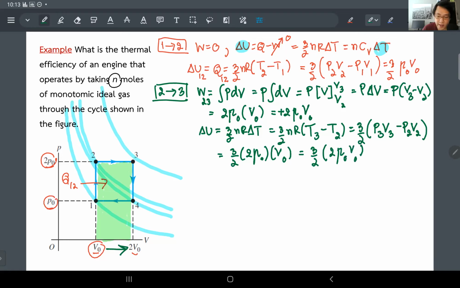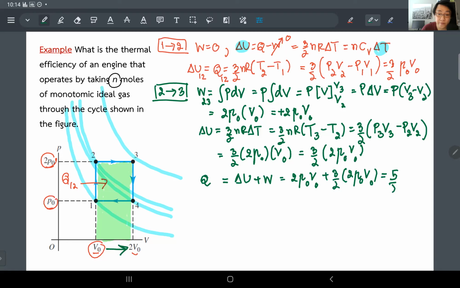At the end, the heat is going to be delta U. I move W to the other side to be next to the delta U. So delta U plus W gives you the Q. And that is going to be 2P naught V naught plus 3/2 times 2P naught V naught. The reason I'm writing it like this is because that is going to be the factor 5/2.